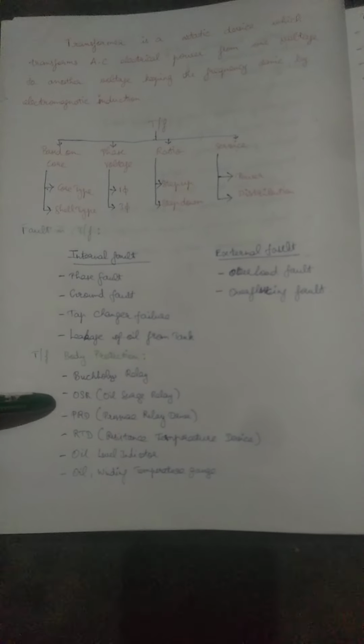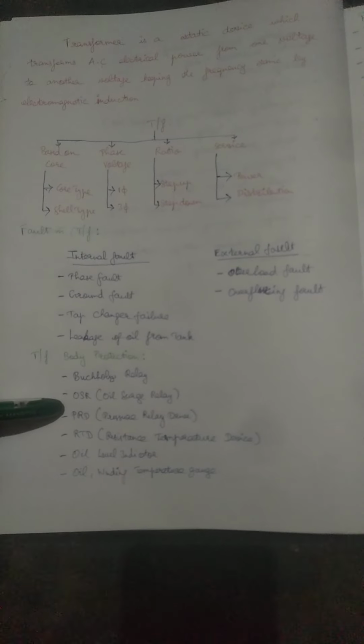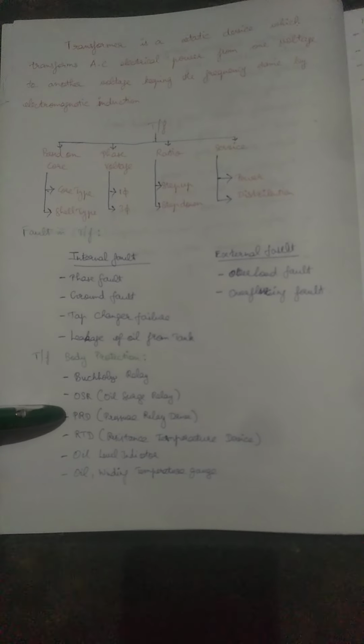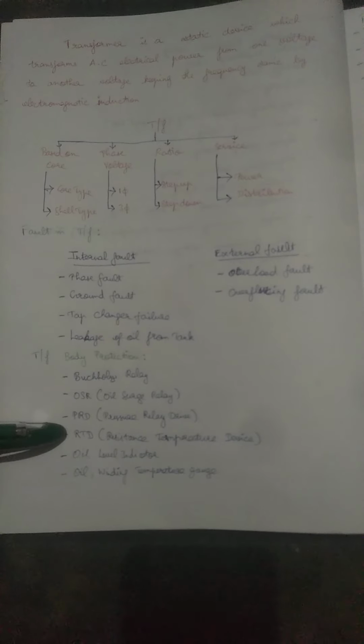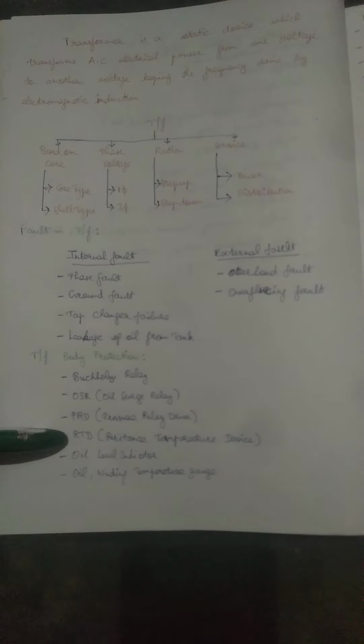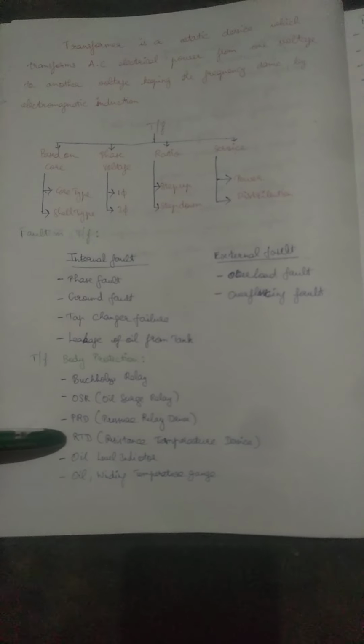Then pressure relief vents, which is written as a pressure relief device. This is also used at the time of over pressuring. The alarm will be initiated. Then RTD, resistance temperature device, which means oil temperature, winding temperature, and all are connected to a system by using this resistance temperature device.